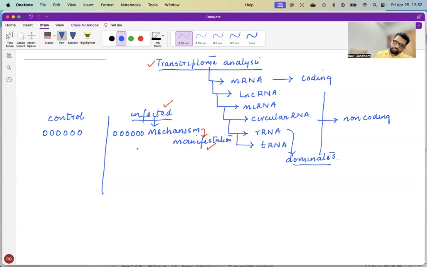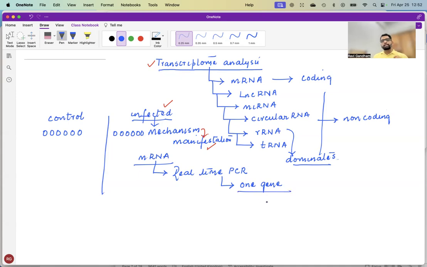People generally used to study only the expression of mRNA under a particular disease, and this was generally done by real-time PCR. And this used to be done one gene at a time. Now, the basic behind this that all of us should and must remember is a phenotype.